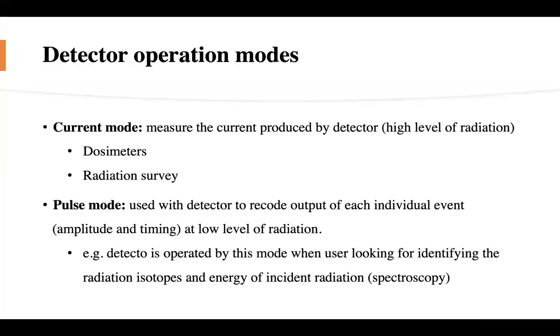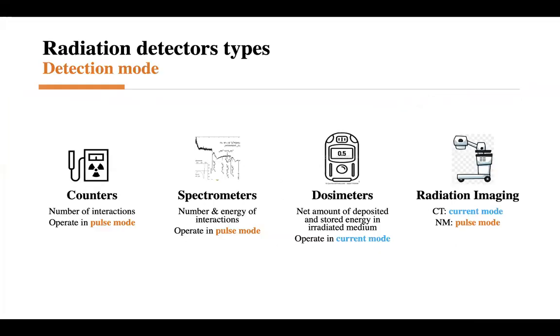So we have 2 different modes for operating a radiation detector. The detector can be used as a counter, meaning it counts the number of interactions, and this can operate in pulse mode, or as a spectrometer, measuring the number and energy of interactions. This detector is designed to measure the number and energy, and will operate in pulse mode.